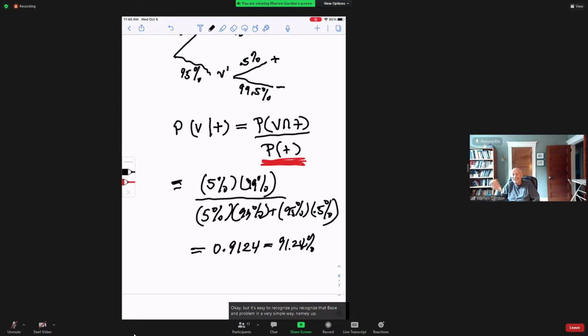Namely, you're being given the end of the tree, the effect of the experiment. And what you're being asked about is the cause of the experiment. So in that sense, it is an extremely important problem, and one needs to examine it in some detail. They're easy problems to do. Once you realize it's the Bayesian problem, then you just use a conditional formula, you draw the tree, or you don't have to draw a tree, you can use it with formulas if you like. For a basic problem, it's usually easier to draw a tree, but you don't have to. You can do it either way.